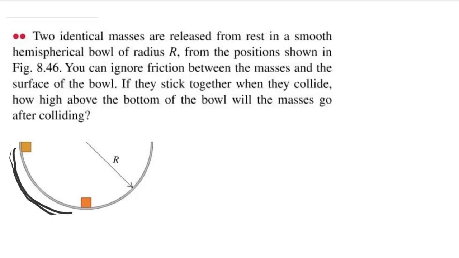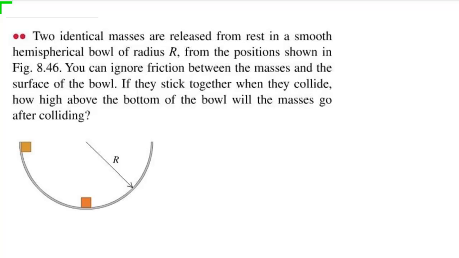We can use energy analysis down to here, but during this collision, energy is not conserved, right? Especially in an inelastic collision like this. So during this collision, we'll need to use momentum analysis, and then once they're stuck together and it moves up to here, we'll need to use conservation of energy again. So this will be the general method.